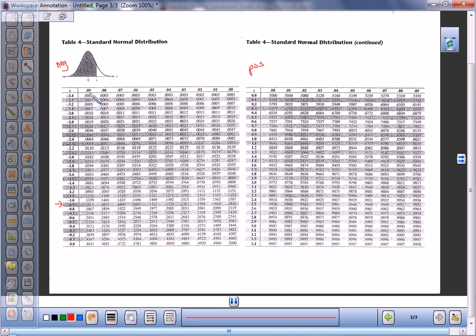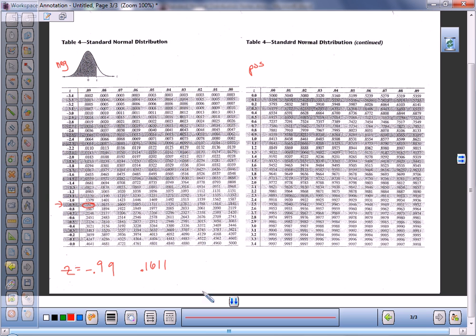So that gives me this data here. And what is the value of that score? A z-score of -0.99 yields 0.1611.